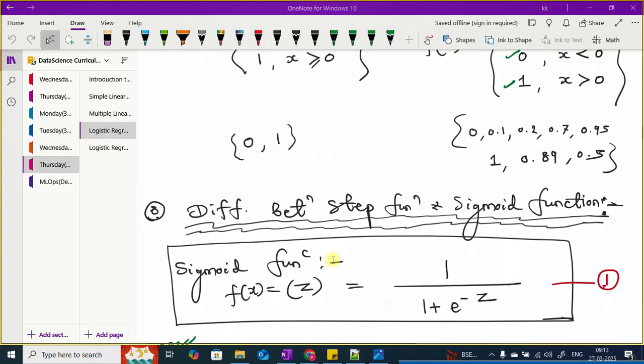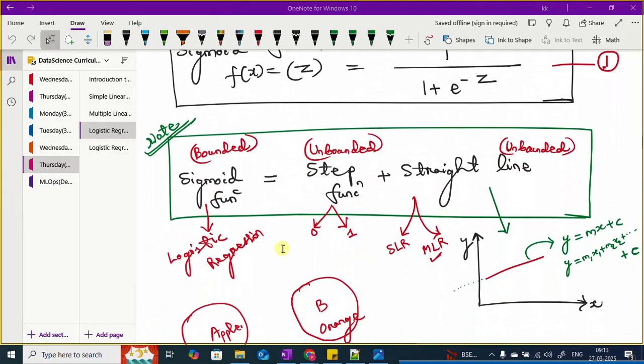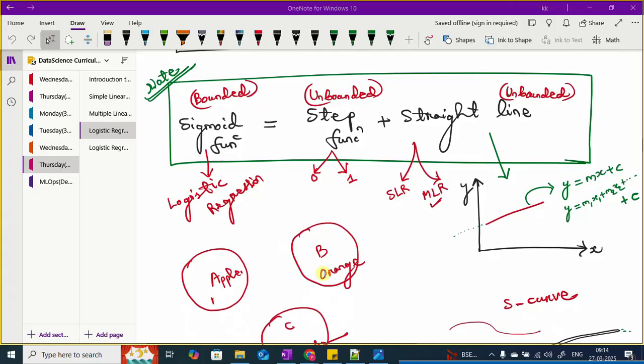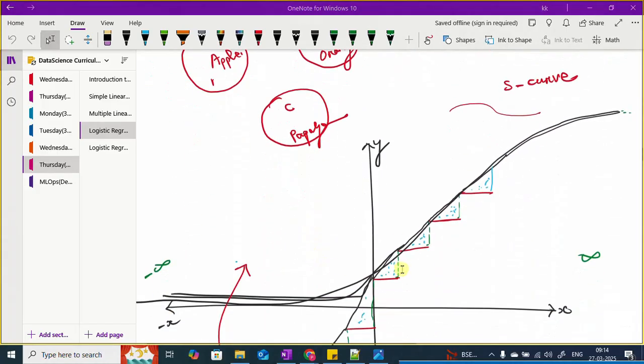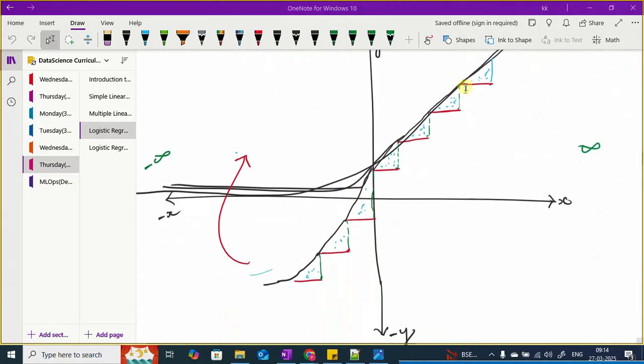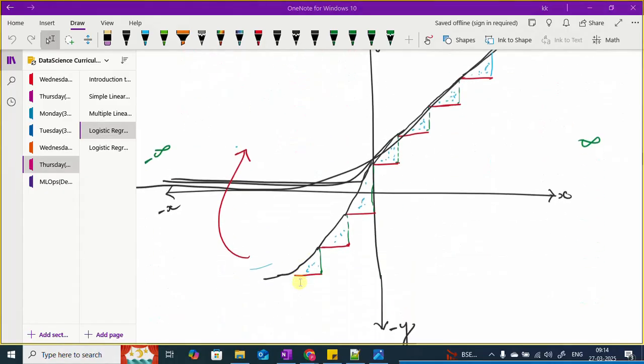Then the difference between step function and sigmoid function we have seen, and I have given one Brahmastra, which is how I create a bounded function by taking the combination of two different unbounded things, that is the step function as well as a straight line. Now I will extensively explain how, with the help of the step function or straight line, I create the sigmoid function.